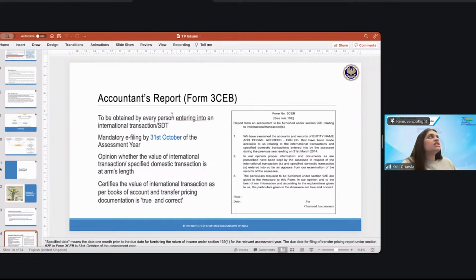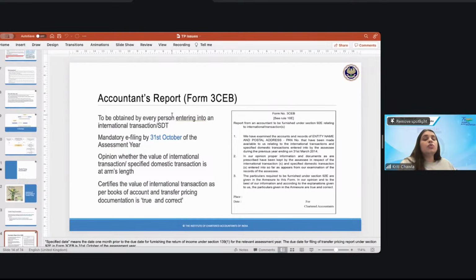Now, this is a document which you'll have to, as a taxpayer, take from a practicing chartered accountant, where they will give and certify that the value of the international transaction or specified domestic transaction which has been undertaken is true and correct as per the books of accounts and as per the transfer pricing documentation.